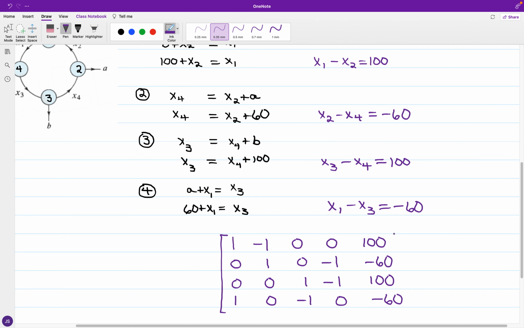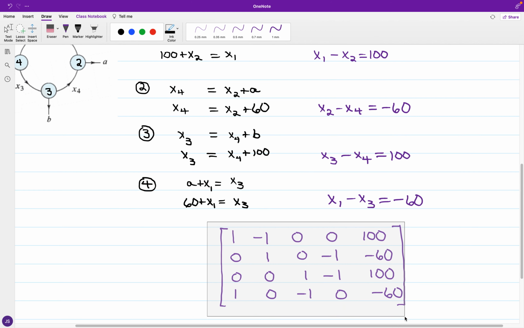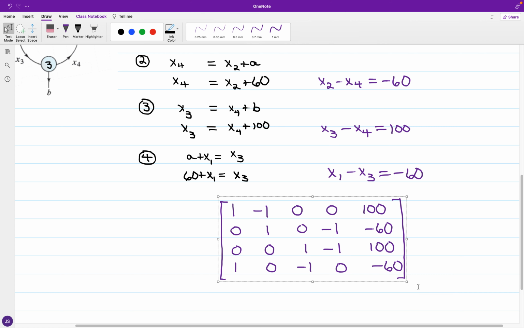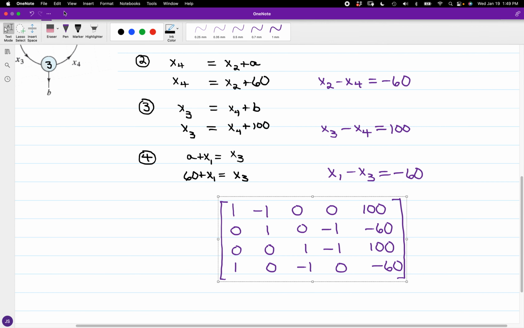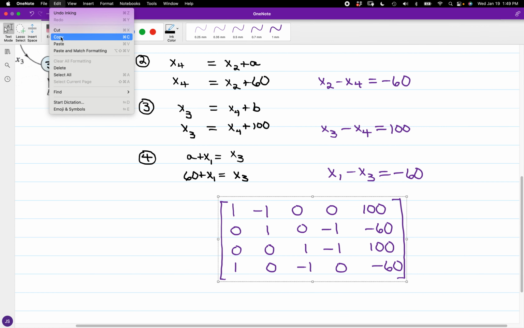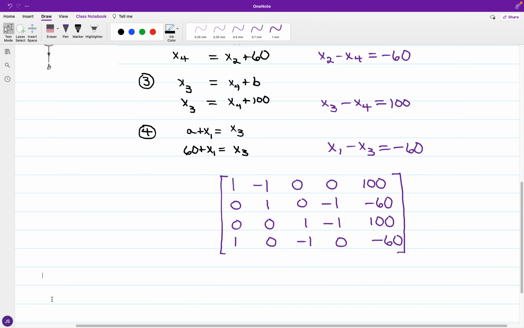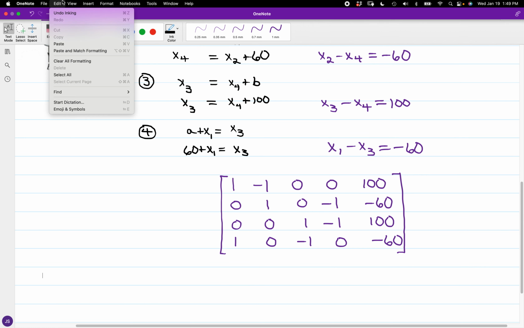So this is the matrix on the basis of the equations we defined, and we are looking at solving for all of x of 1 through x of 4. After displaying the equations in matrix form, I translate the matrix to at least row echelon form.